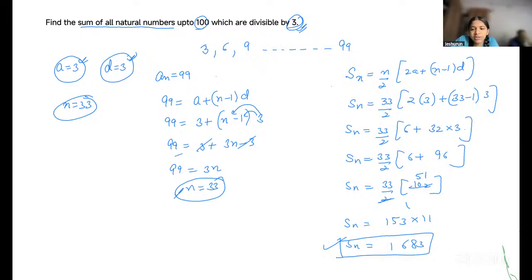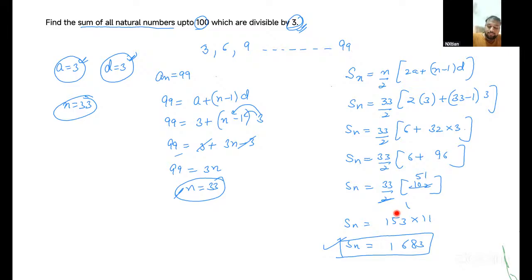So how did you get 33 by 2 into 103? Is equal to 3, 153 into 11.